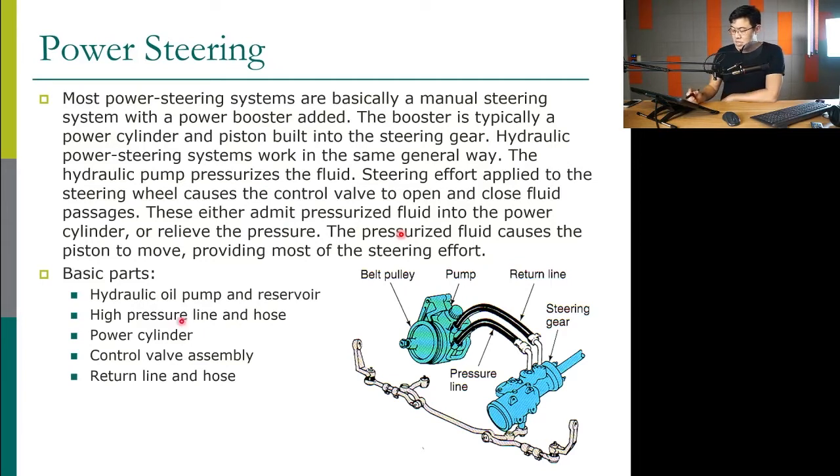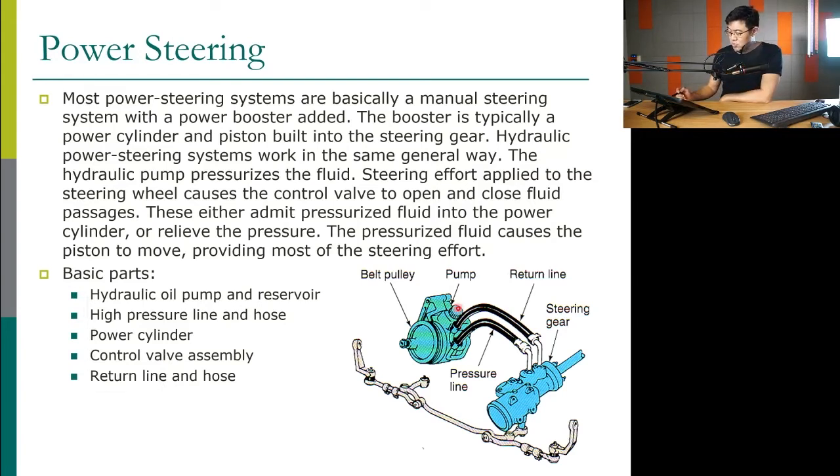So first we need oil pump and reservoir. We have to create the pressure, and then we have high pressure line and hoses, the tube and the hose. We need the cylinder. We need valves. We need a control valve, and we need the return hose or return line.